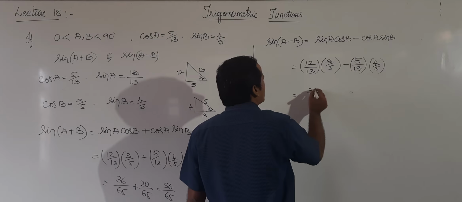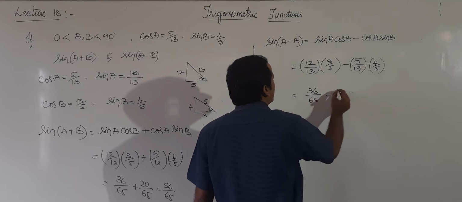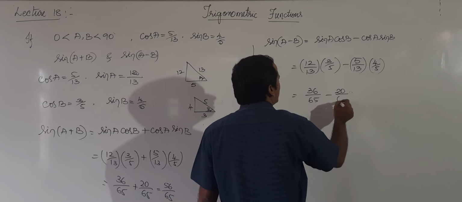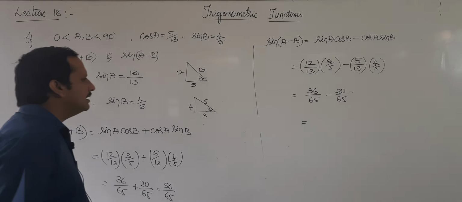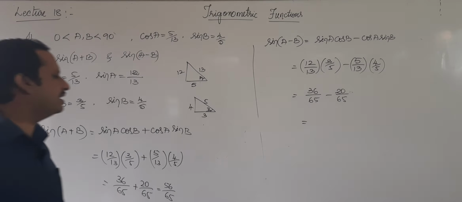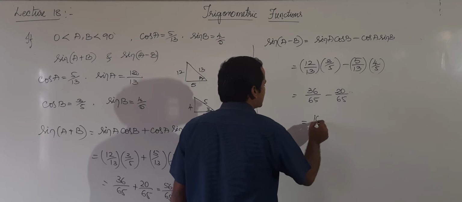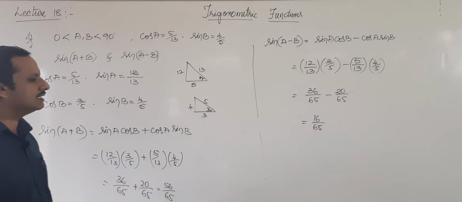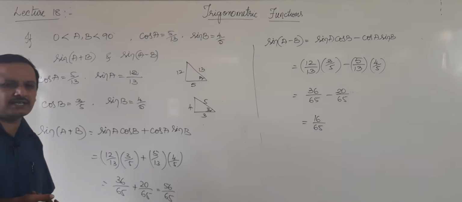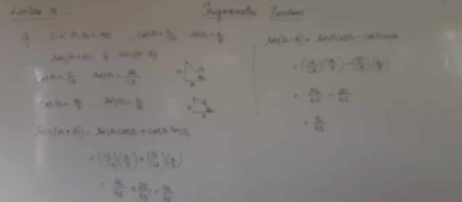That's equal to 36 by 65 minus 20 by 65. Okay. 36 minus 20, that will give you 16 by 65. Okay, this is the value of sin A minus B. Let's go to the next problem.